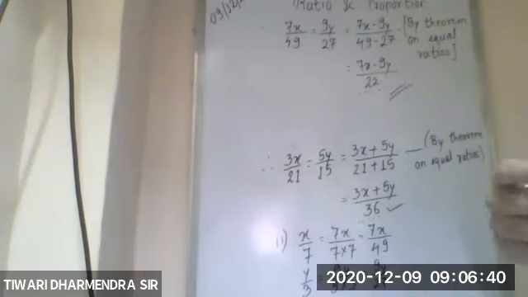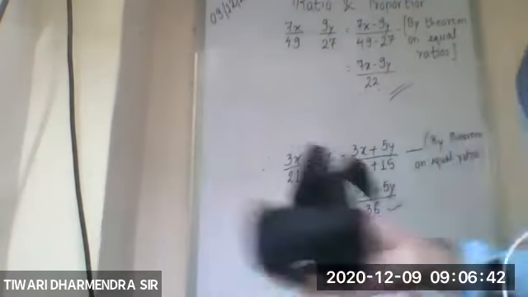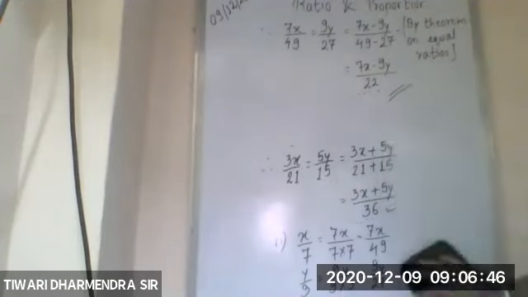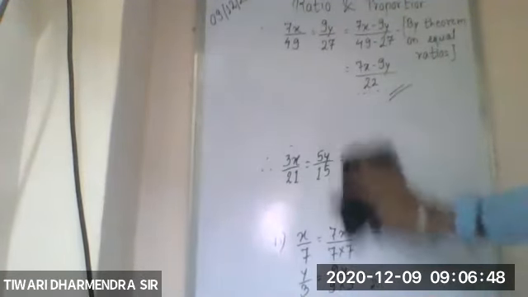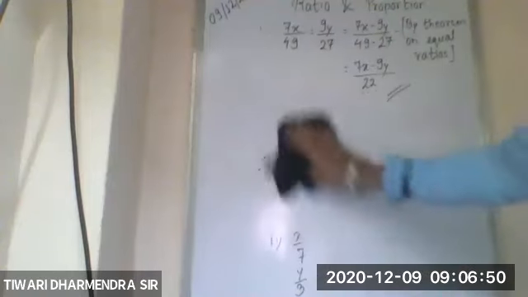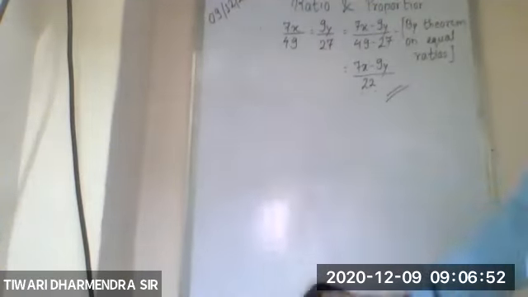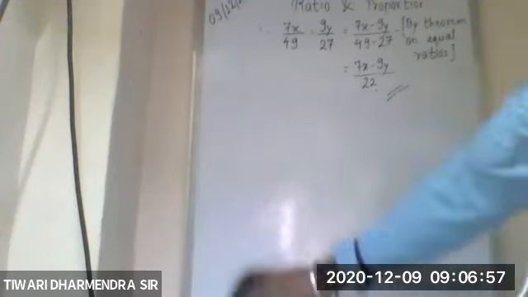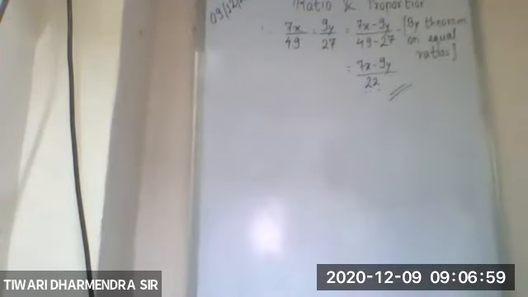That is question number 2. In question number 2, what have they given? 5m minus n is equal to 3m plus 4n. In this case, they have not given us a ratio. We need to find the ratio first, and after that we need to move accordingly as per their demand.